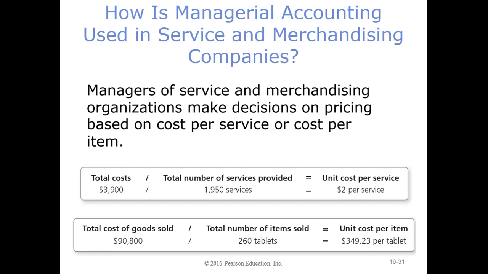So here we've got the total cost divided by the total number of services provided equals the unit cost per service, which is similar to what you were talking about with your assessment. The total cost of goods sold divided by the total number of items sold equals your unit cost per item.